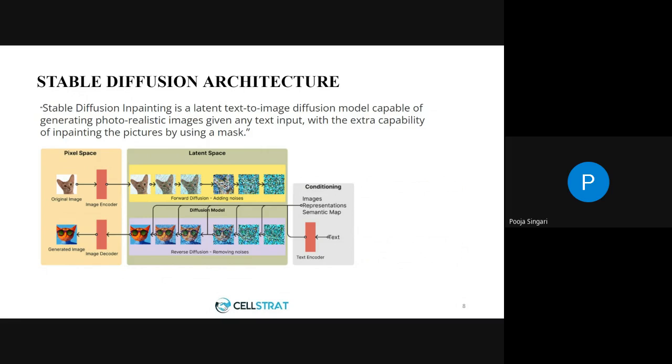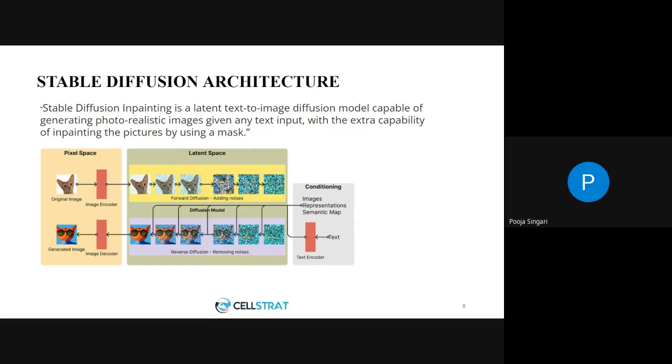And the main reason why the latent space comes into existence is something known as the manifold hypothesis. The manifold hypothesis states that many high dimensional datasets actually lie along low dimensional manifold latents, which is similar to nonlinear dimensionality reduction. So the main aim of using a latent space is dimensionality reduction, which is 48 times smaller in size as compared to the pixel space.